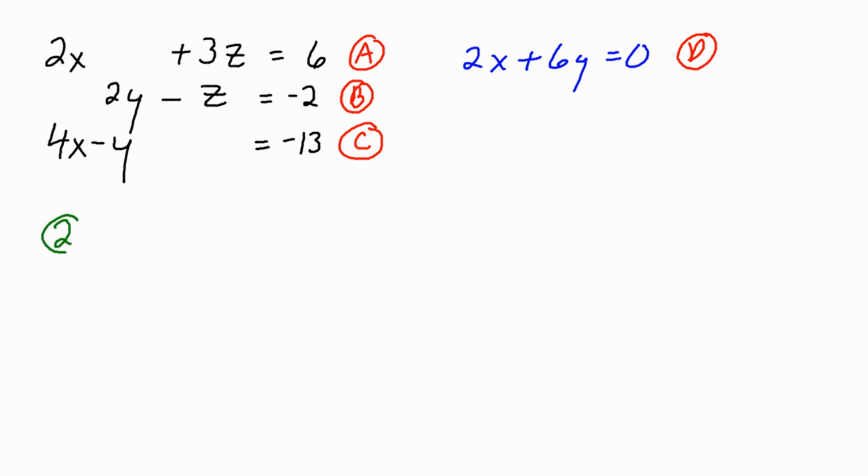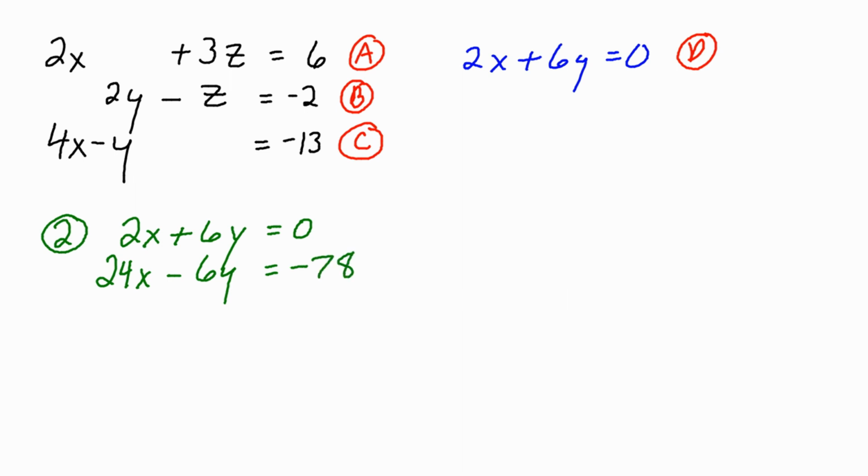So I'm going to bring down my D equation, 2x plus 6y equals 0, and then multiply equation C by 6. 6 times 4x is 24x minus 6 times y is 6y equals 6 times negative 13 is a negative 78. Adding, 2x plus 24x is 26x. The y's cancel. 0 plus negative 78 is a negative 78.